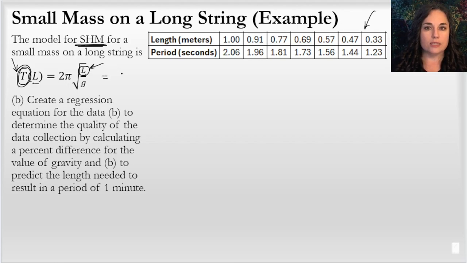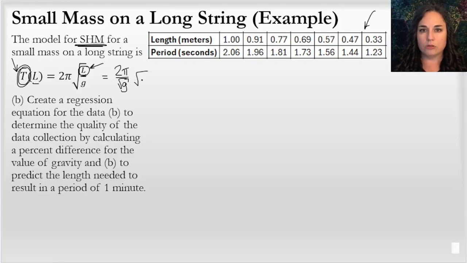I might write it this way so that I isolate my constant separate from my variable, and don't get too upset that I leave the square root of g down in the denominator. I know it's weird to have g in there and then have it in a square root in the denominator, but I'm just going to leave it there. It's a number. Take the square root of 9.8.